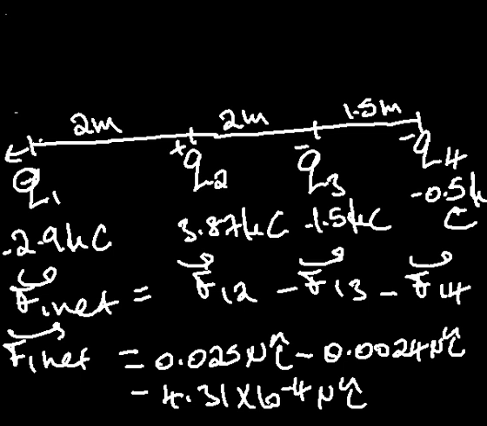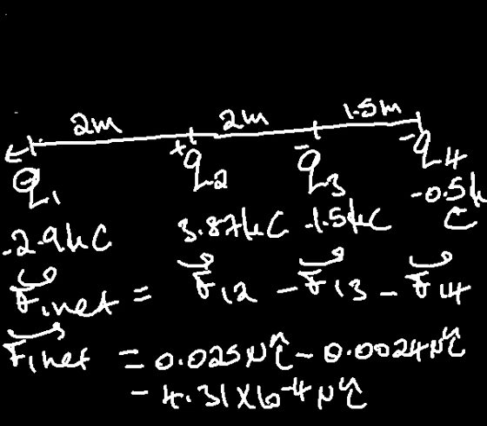Of which we can have it as 0.025, plus 0.0024. Now the other one is subtracting, so we need to indicate the way that one is.